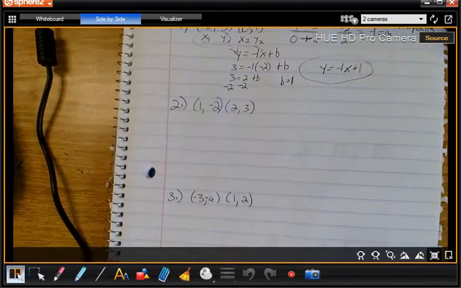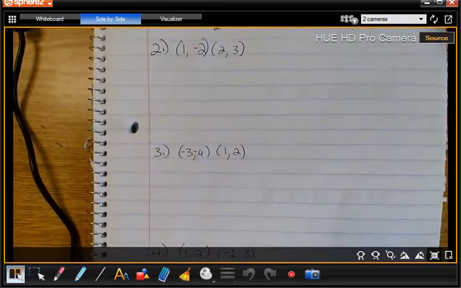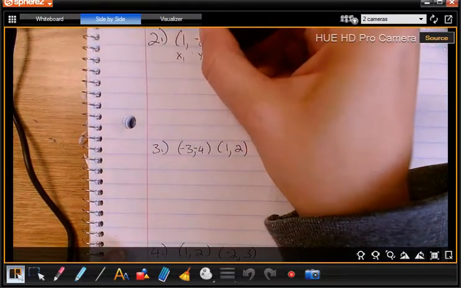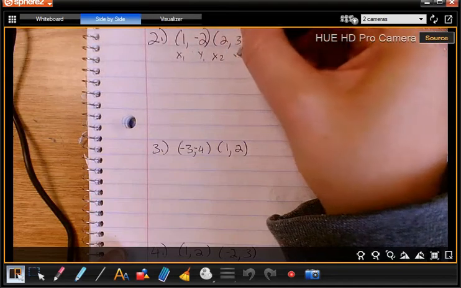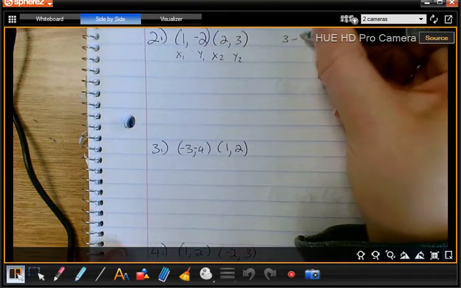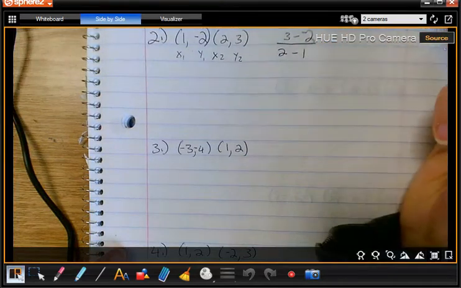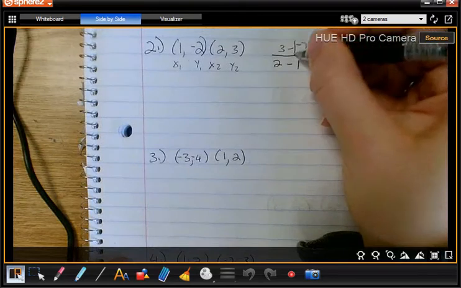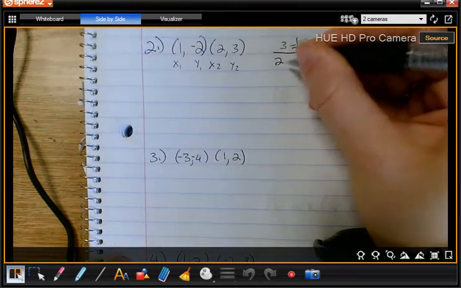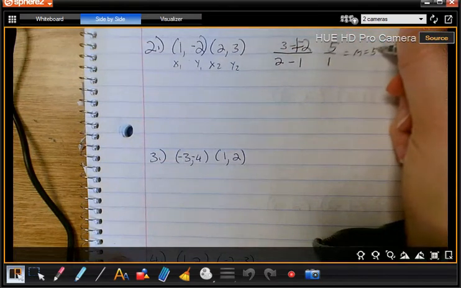All right, we're going to look at number 2. We've got x1, y1, x2, y2. 3 minus negative 2 over 2 minus 1. 2 negatives make this positive. 3 plus 2 is 5. 2 minus 1 is 1, so m equals 5.